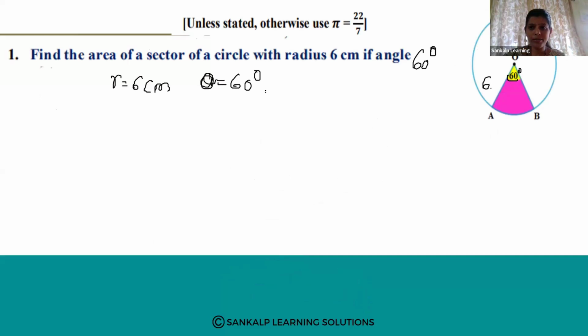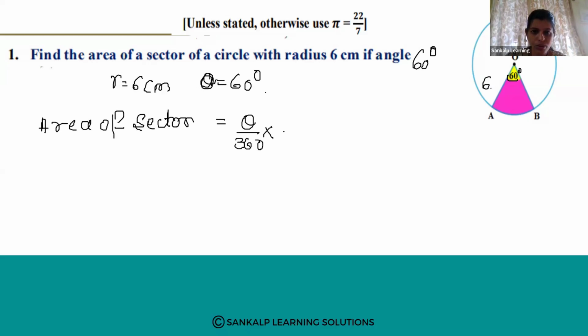If we know r and theta, we can find the area of a sector easily. That is, the area of a sector of angle theta is theta divided by 360 into pi r square, right?